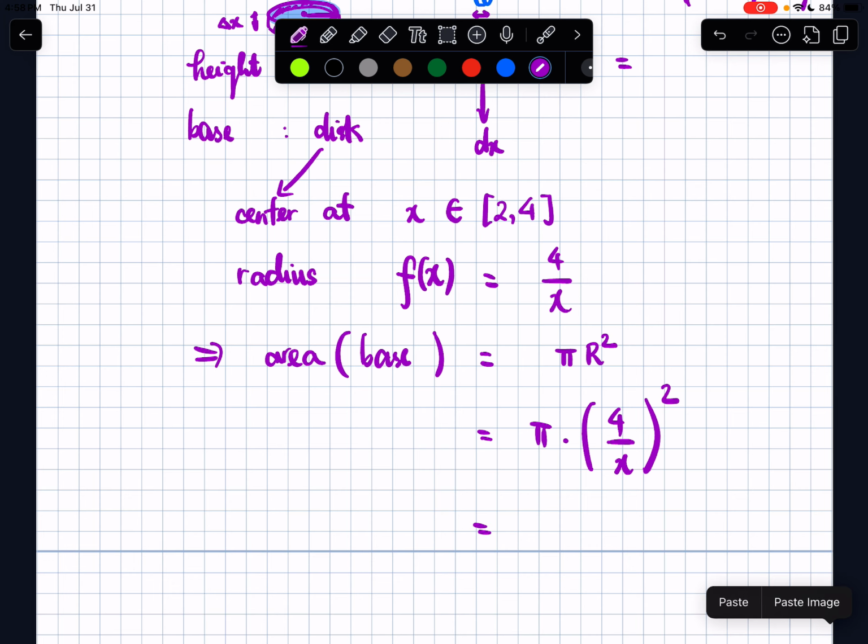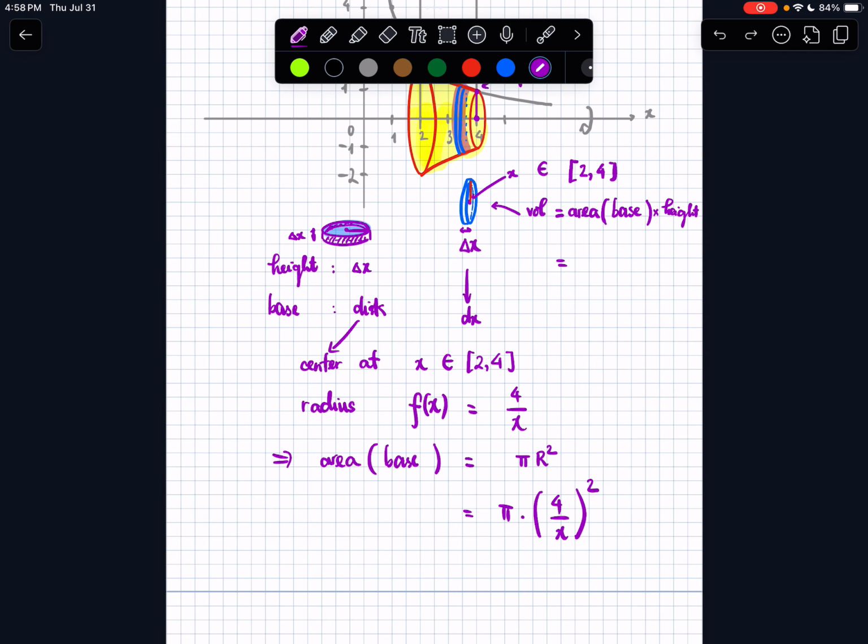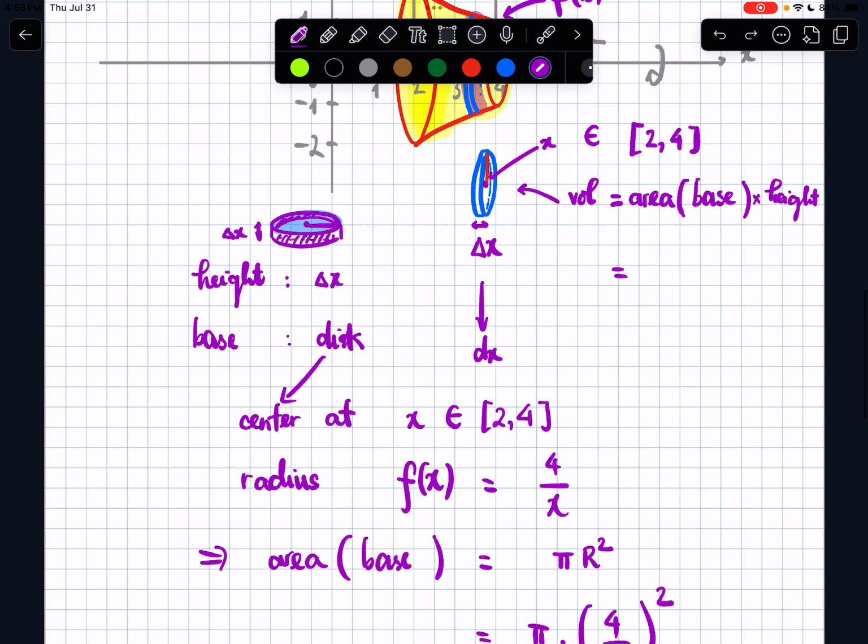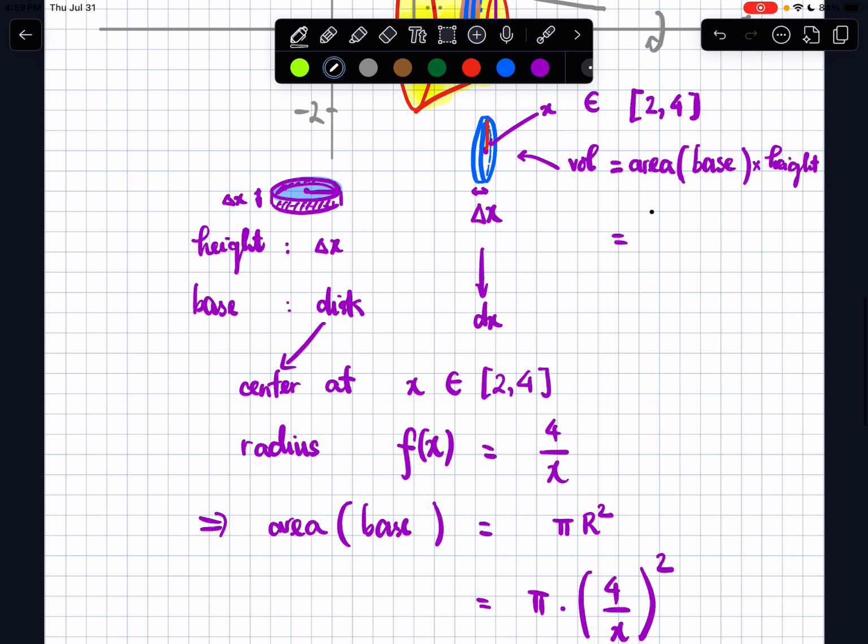So now in this formula, we have pi times 4 divided by x squared, times the height dx.